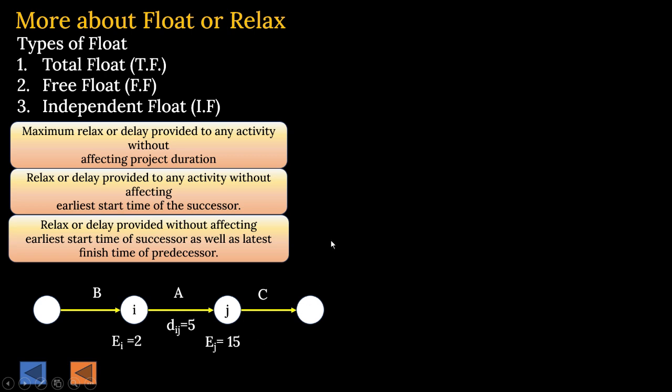Then for node I, the latest start time is 6, and for node J, the latest finish time is 20. All this information is given to you. Depending on it, we'll try to find these three different floats.